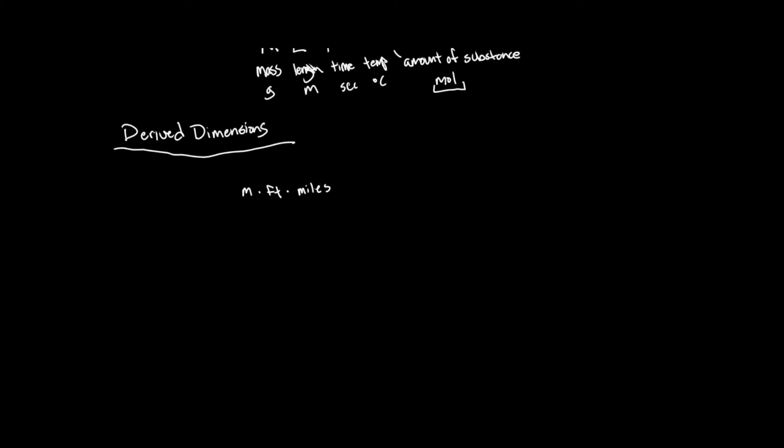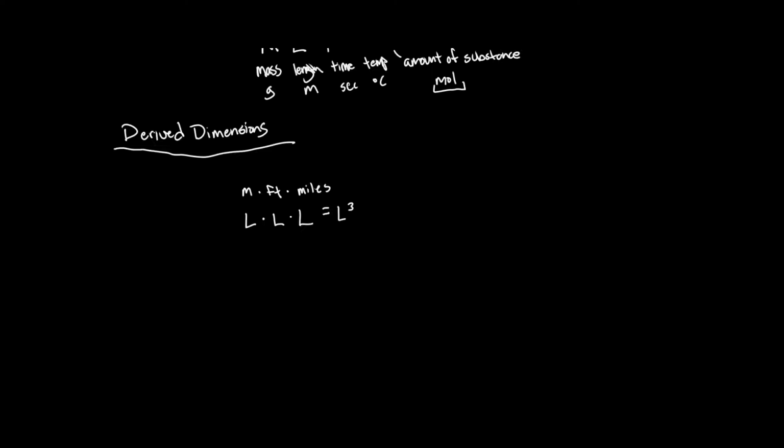Anytime you throw miles in, that's a very large distance. But if we look at this fundamentally, we're actually dealing with the fundamental dimensions. We can say we're dealing with a length times another length times another length. That being said, we know that the solution to this is going to be some length cubed.